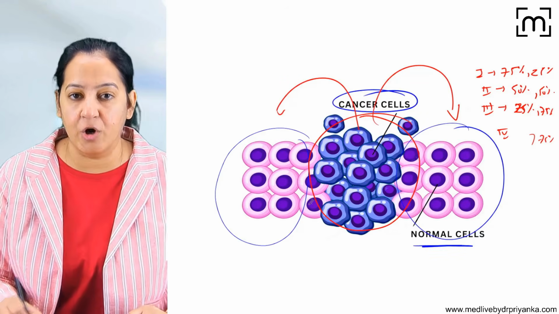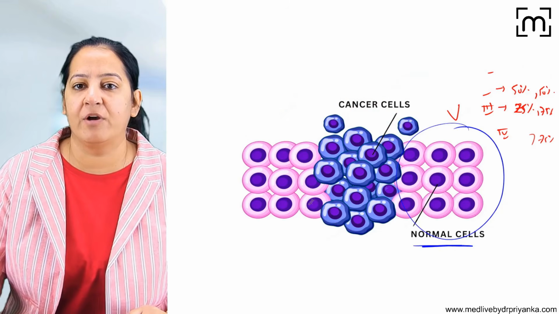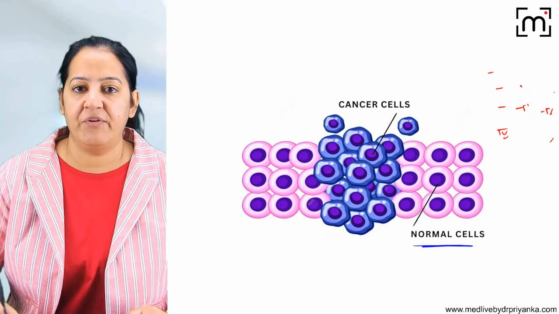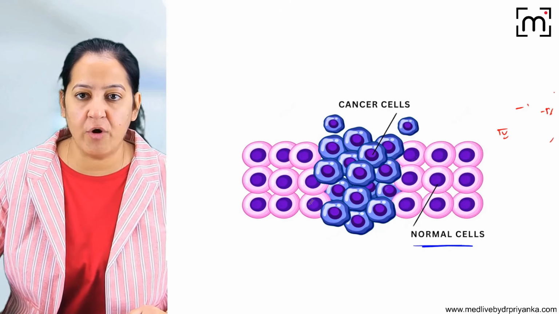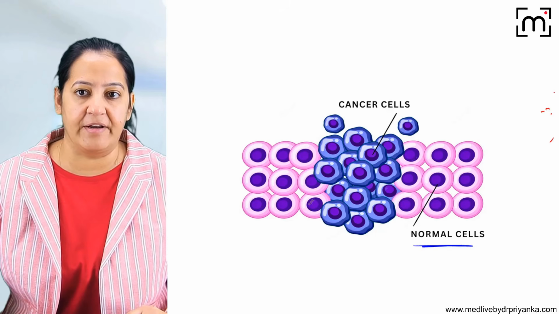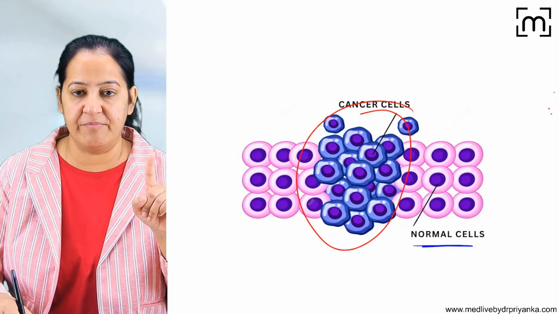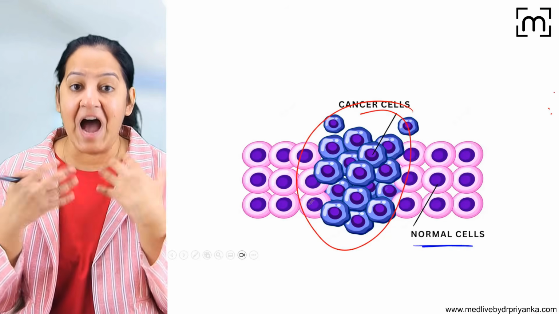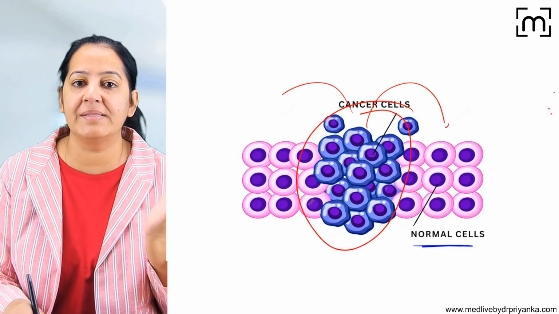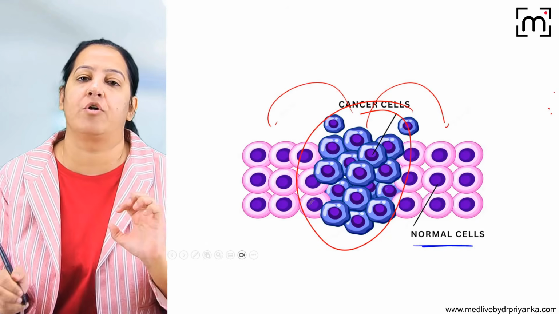So basically, in a group of cancer cells, for example, I have 100 cancer cells. We talk in terms of percentage. Out of the 100 cancer cells, how many are resembling the normal cell and how many are different from the normal cell?